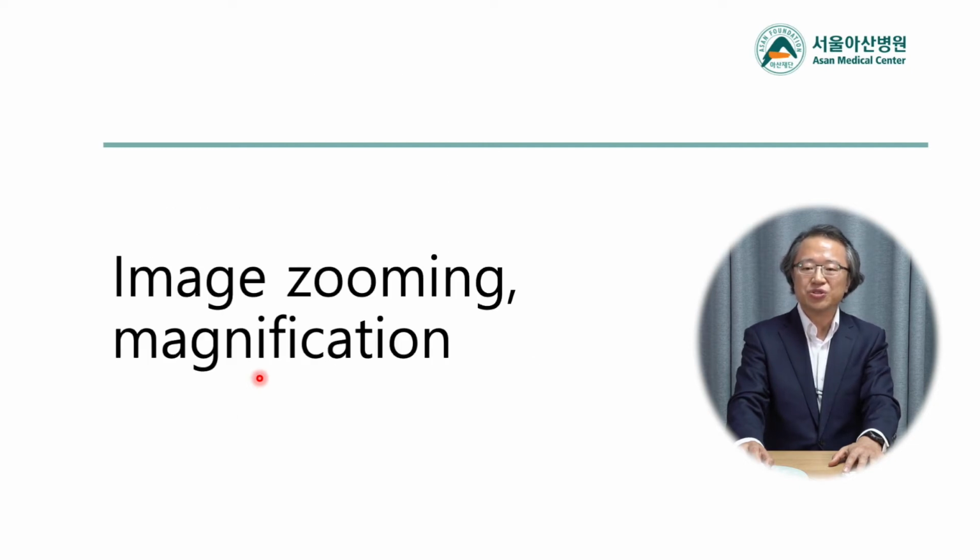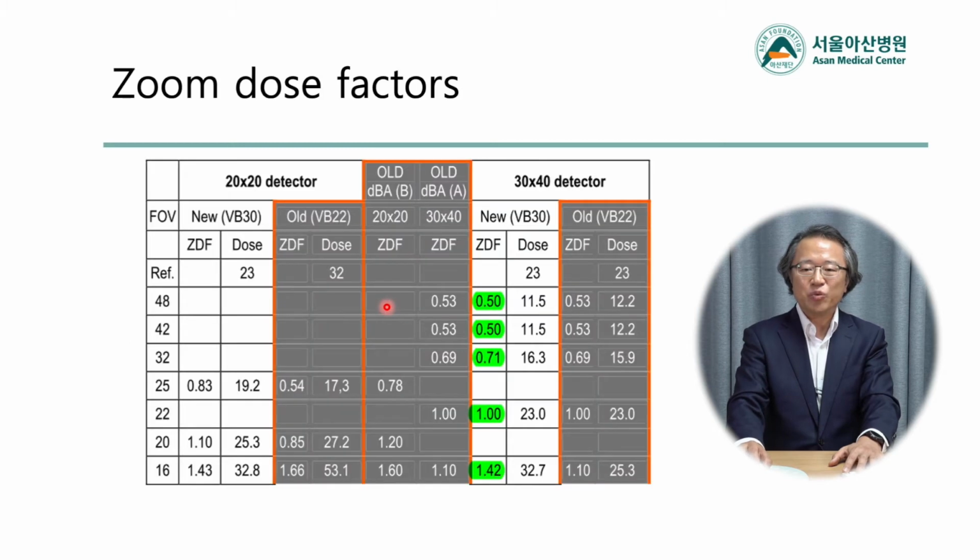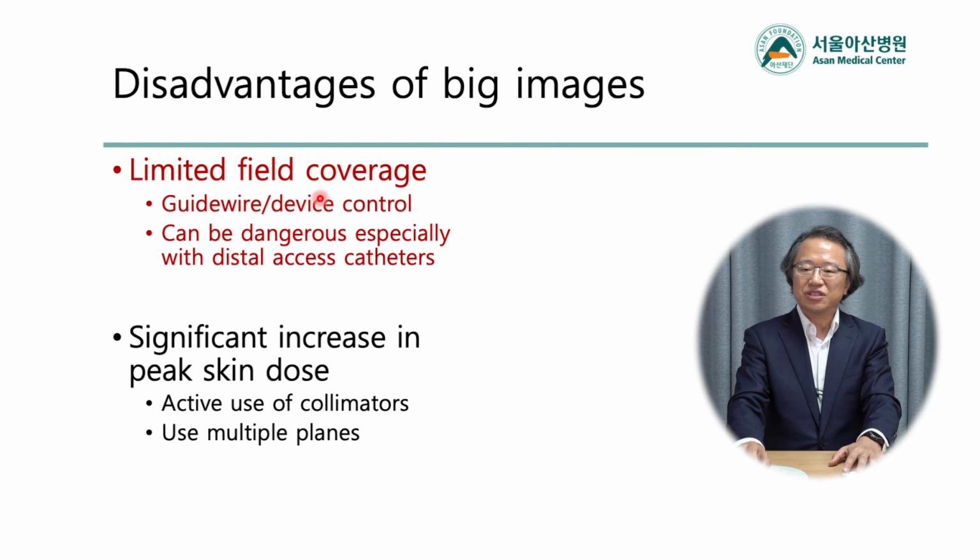The next issue is image magnification, image zooming. We know the zoom dose factors. The air kerma has an inverse relationship with the FOV size. The dose will double or triple with further zooming. In addition to the increase in dose, another disadvantage of a magnified image is its limited field of coverage.